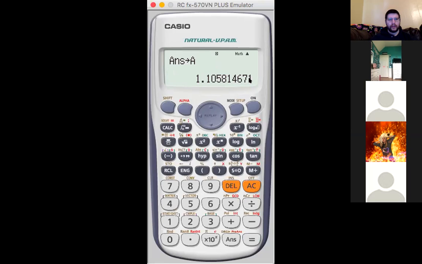So that's our test statistic. I'm going to write it down. 1.058.